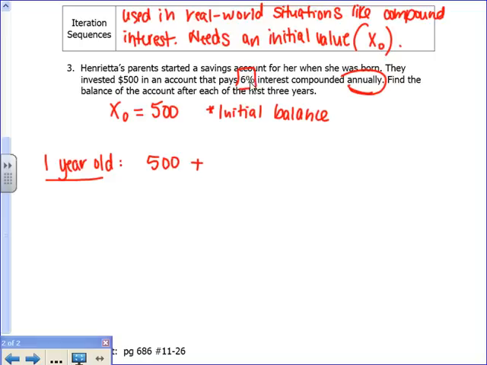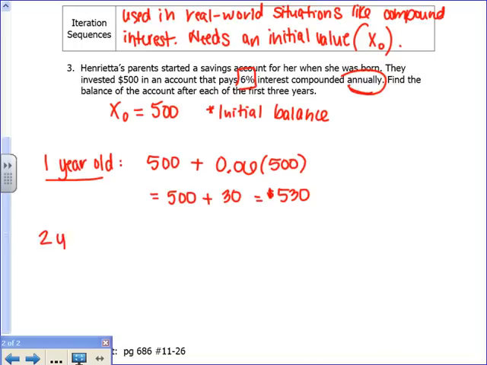Now in order to find that, we're going to change the 6% to a decimal, which would be 0.06. And we're going to multiply that by $500 because that's how much was in her bank. So, solving for that, $500 plus 0.06 times 500 is going to give you $530. So when she's 1 year old, her balance is now $530.